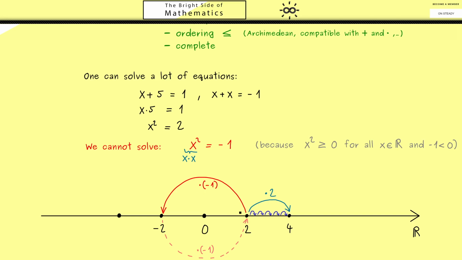Because in the first case, we immediately change the side of the number line. Now looking back to the splitting of the jump for positive numbers here, we can see the equation from above. Because doing two jumps with the number x means we have x squared is equal to 2. So exactly this equation where we know we have a solution.